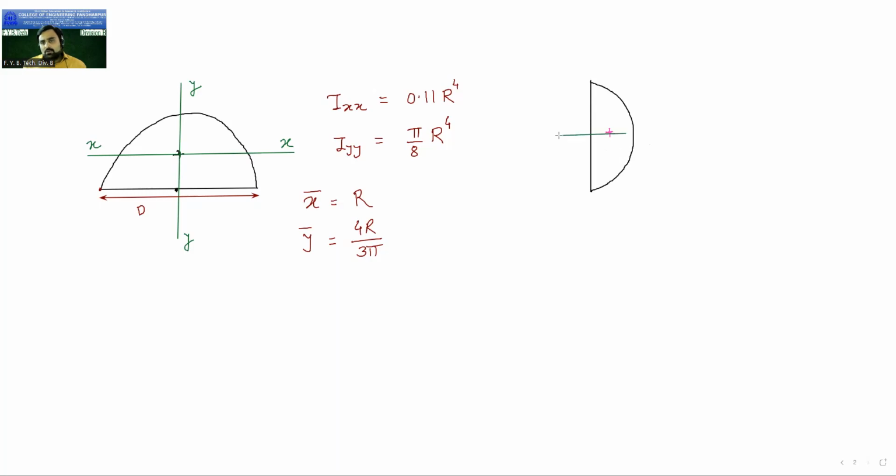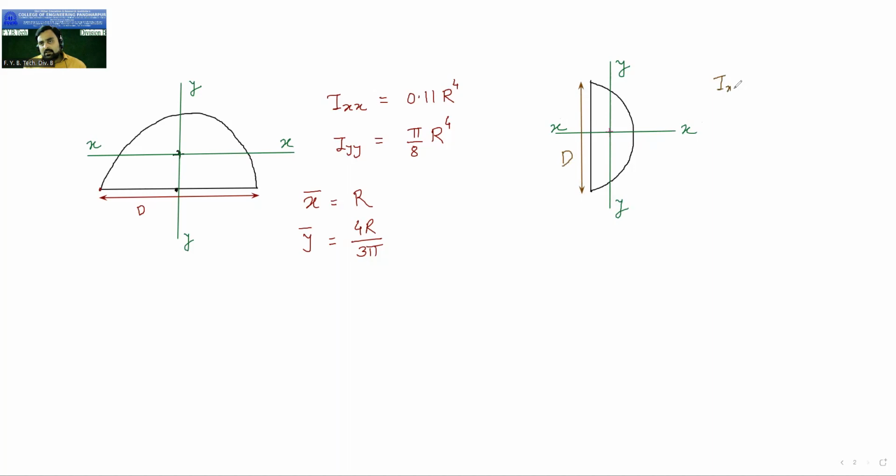Now this horizontal axis is x-axis and the vertical axis is y-axis. So this is x-axis, this is y-axis, and base of the semicircle is nothing but the diameter. This is the base, and this base is d.